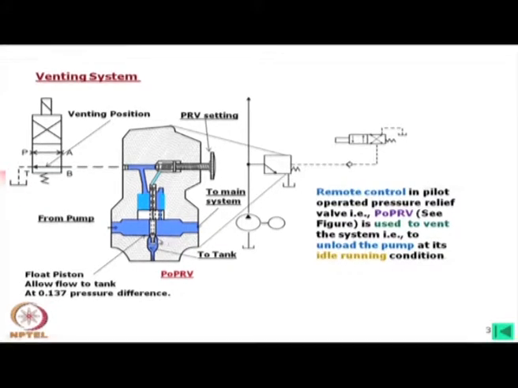Now, what I find inside: a stem or a cylindrical body. In that cylindrical body there is a piston. In that piston there is another hole which is like an orifice.